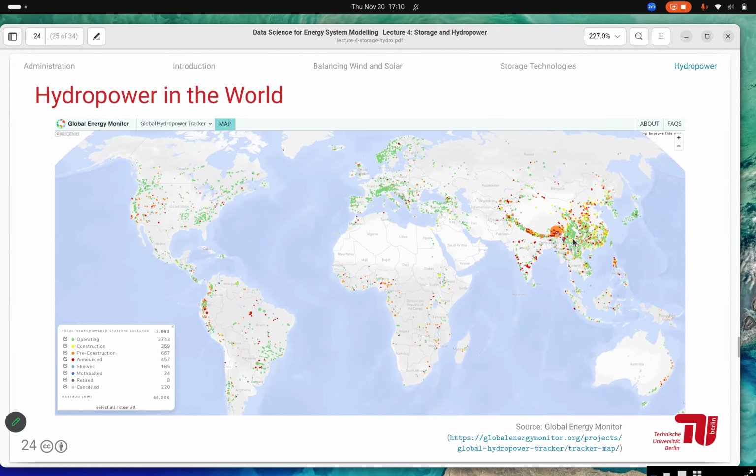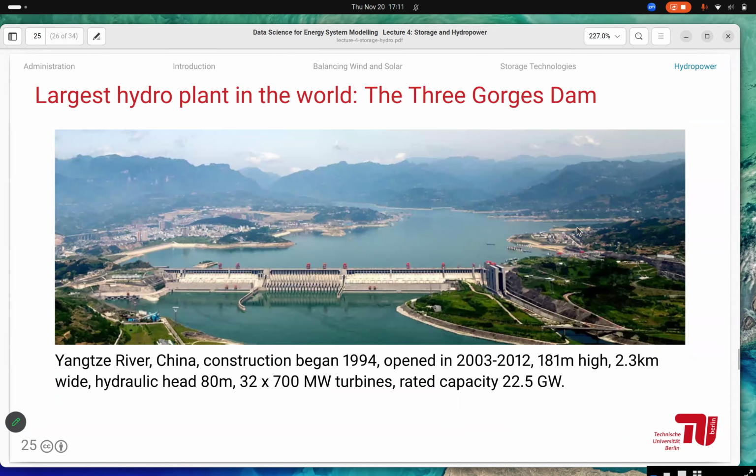I wondered what this big blob is, and it's actually a planned new hydropower plant of 60 gigawatts in China. It's meant to be operating in 15 years or something. But there's another, bigger blob here, which is the current largest hydro plant in the world. Just to give you an impression, it's in China.